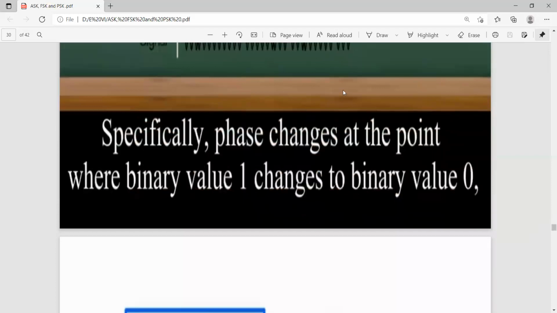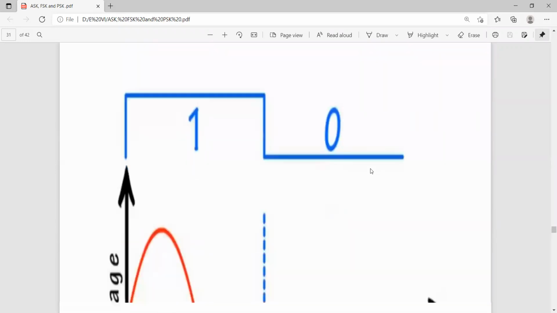Now specifically, the phase changes at the point where binary value 1 changes to binary value 0. So this is the general concept.